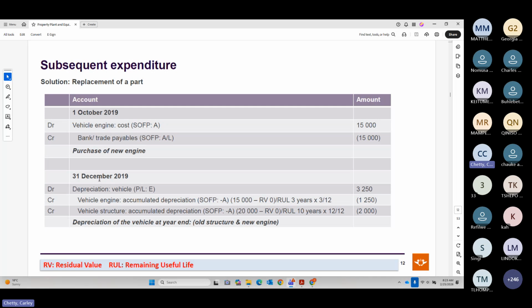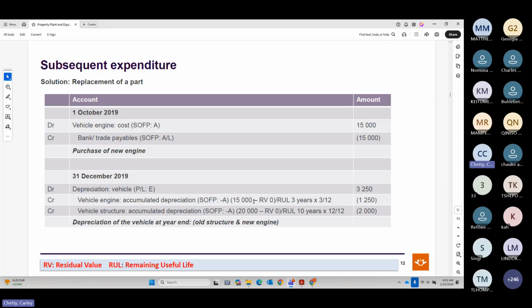On 31 December 2019, we are going to depreciate the new engine. So we had the new engine from 1 October 2019. So if we count that, that is 3 months. We're counting October, November, December. So we're going to debit depreciation with the amount of the depreciation, but let's work it out first.